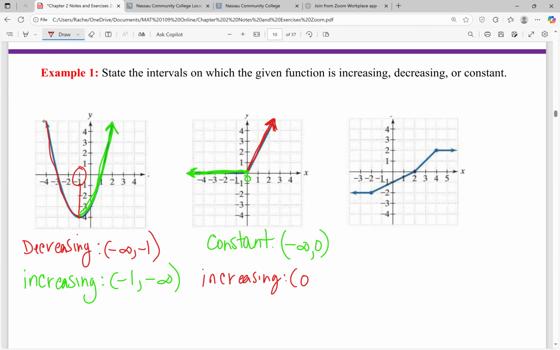So remember, if a graph has symmetry with respect to the y-axis, if we substitute -x in for x in the equation and it results in an equivalent equation to the original, then there's symmetry with respect to the y-axis. So let's substitute -x for x.